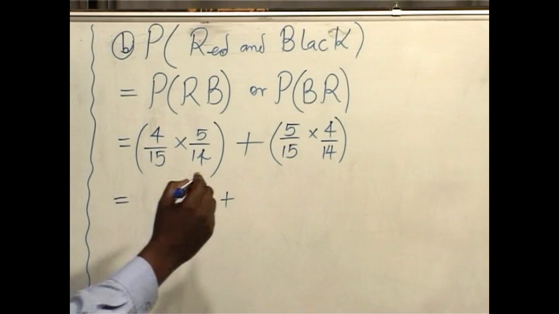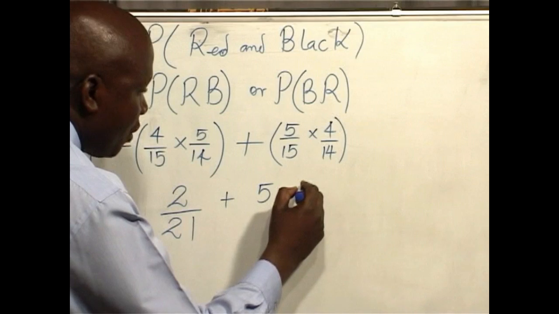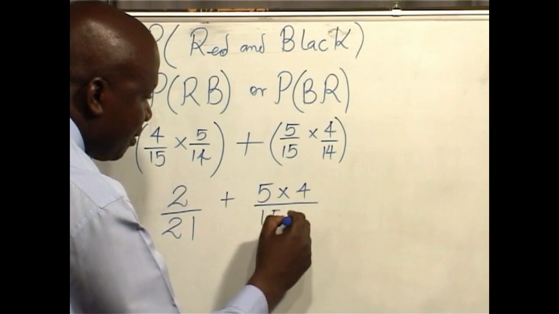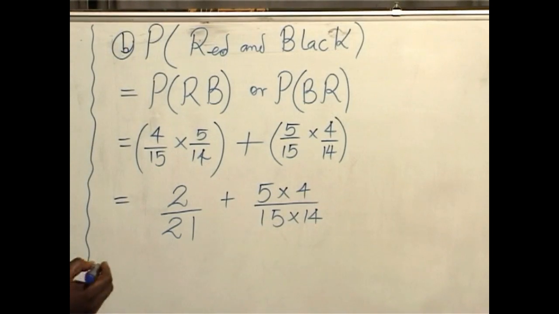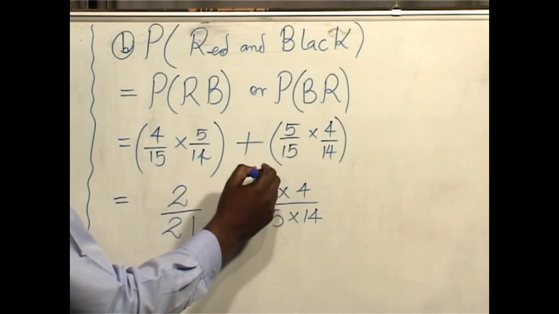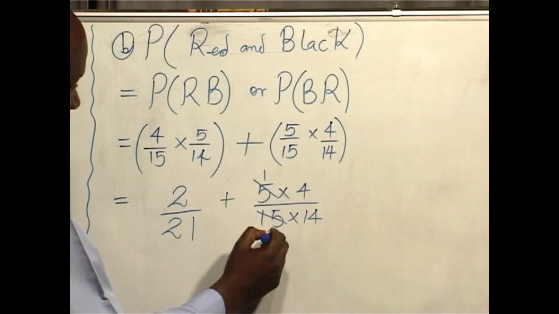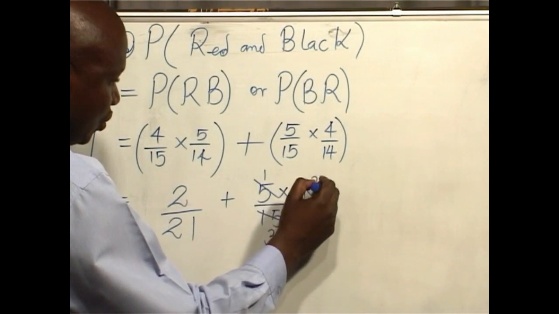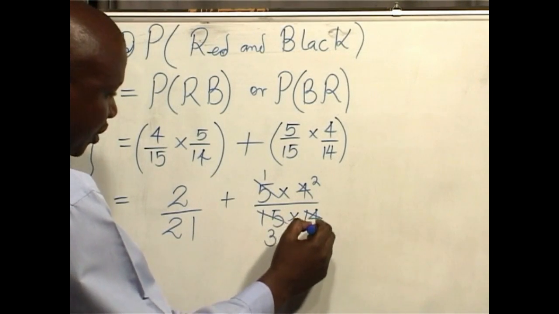And like I said, multiplication is numerator by numerator divided by denominator by denominator. And we get to simplify. 5 divided by 5 is 1. 15 divided by 5 is 3. 4 divided by 2 is 2. 14 divided by 2 is 7.